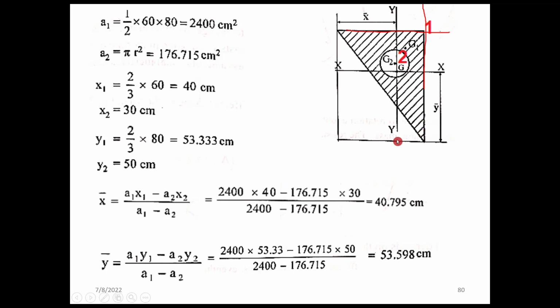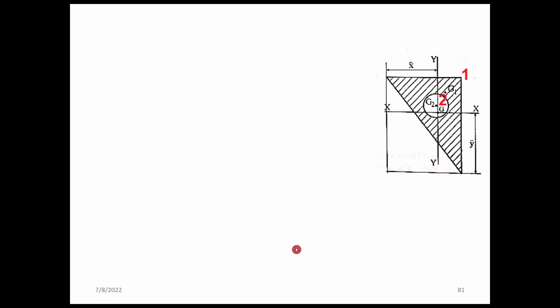Total depth is 80, so 80 minus this 30 will give you, from this point to this point, 50. So directly x bar is equal to, taking a minus, we have to deduct the circle area from the triangle area. Similarly for y bar.